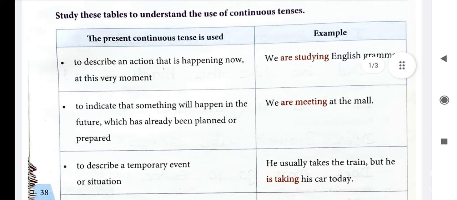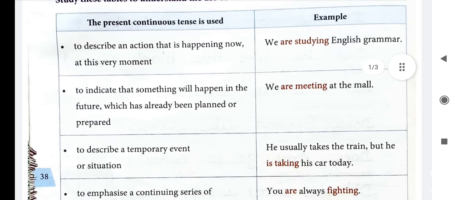So the present continuous tense is used to describe an action that is happening now at this very moment. For example, we are studying English grammar. So, are studying. In continuous tenses, we will be adding ing at the end of the verb.